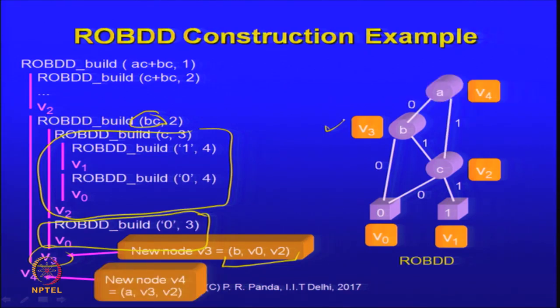Once I am done with that, I return from all the recursions at the highest level. I am looking for a node with A as the variable, which is index is 1, and V3 and V2. So, from one I got V3, from the other I got V2. So, the two children are V3 and V2. That is what I am looking for, that node is not yet there. So, I would construct this, then this becomes my ROBDD.